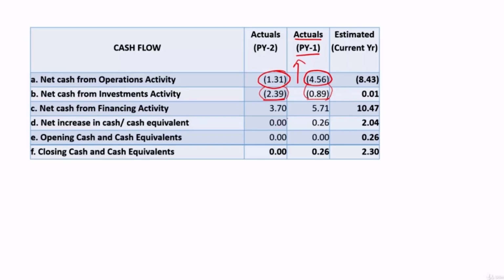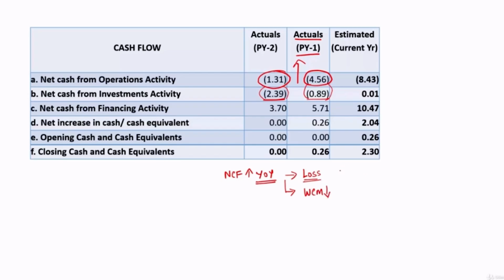Now this is going to raise serious concern for the sanctioning authority, because negative cash flow is increasing year on year. This indicates either this negative cash flow is on account of loss, or it is on account of poor working capital management.